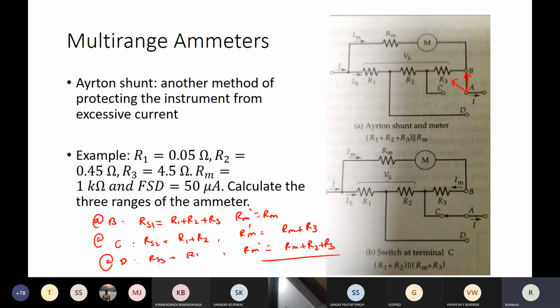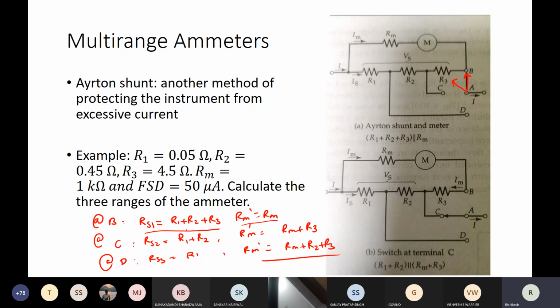So for simplicity, let's calculate it only for position B. When it is position B, the shunt resistance is R1 plus R2 plus R3, and Rm dash, the effective meter resistance, remains as the actual meter resistance Rm. Using this value of Rm and FSD, please calculate the value of current range for position B.